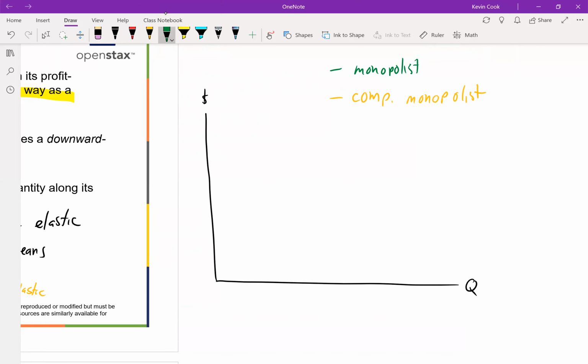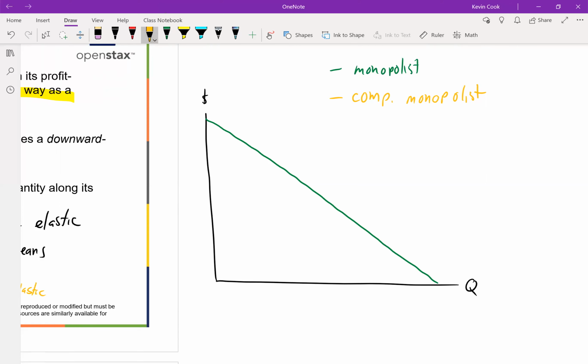So whereas the monopolist has this full demand curve, if we had USA brand jeans and it was the only brand you could buy, they're going to control the entire market and they're going to see the market demand curve.